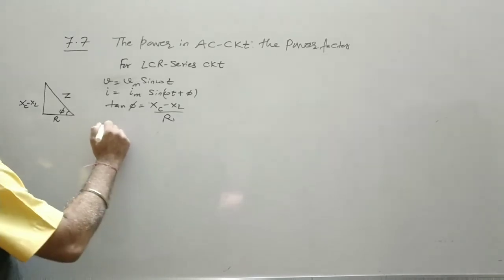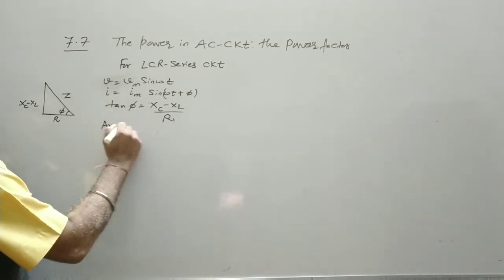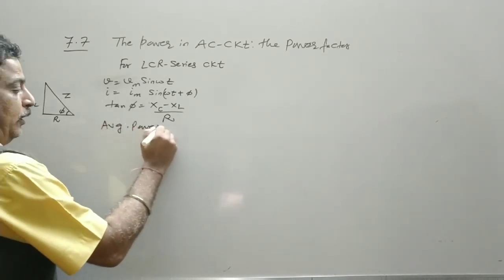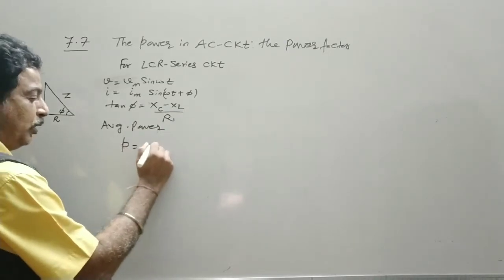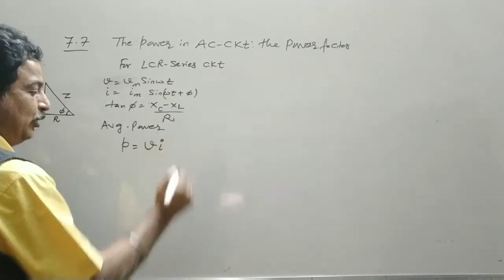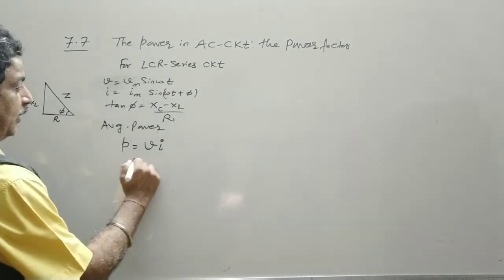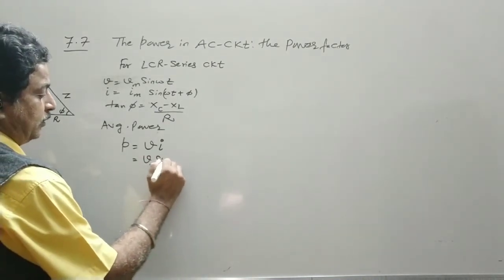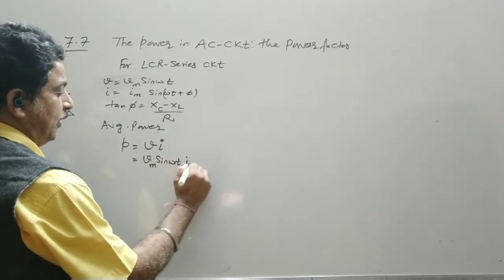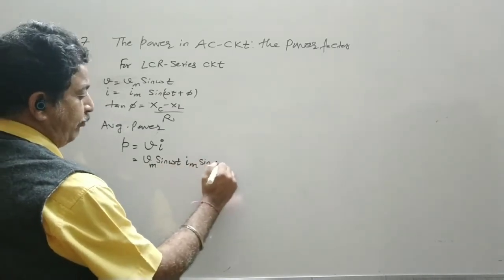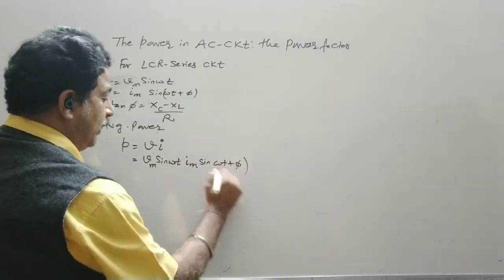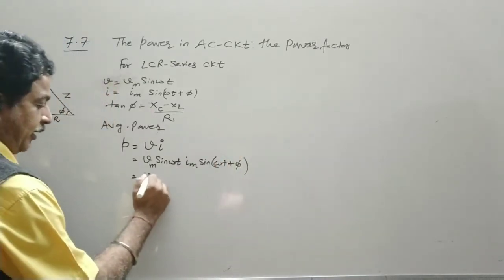Now the power: small p is equal to small v into small i. Both are time dependent. So this can be written as Vm sine of omega t times Im sine of omega t plus phi. Again we have a simple mathematical calculation.